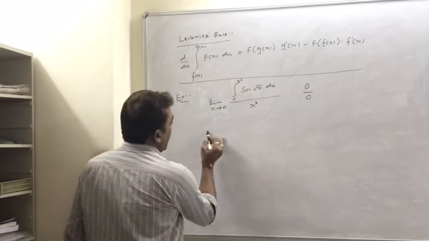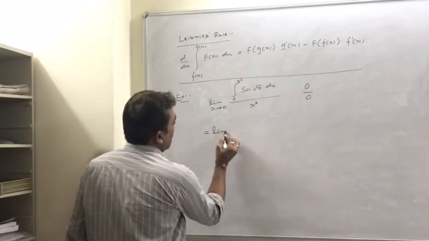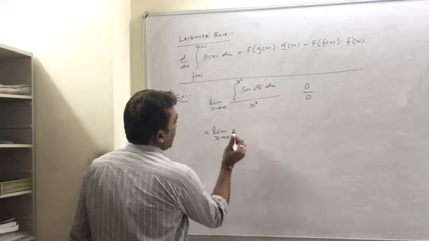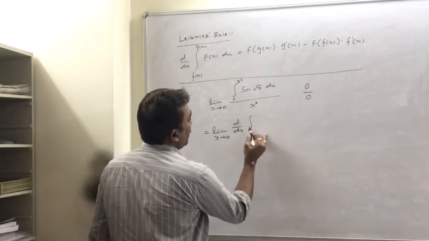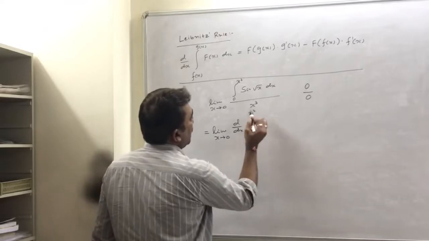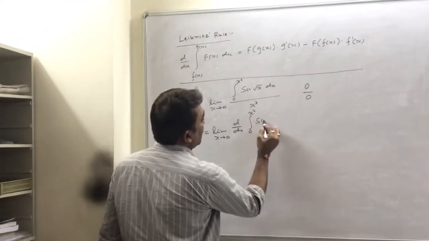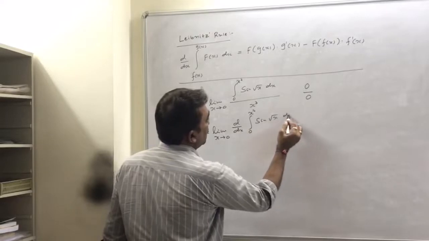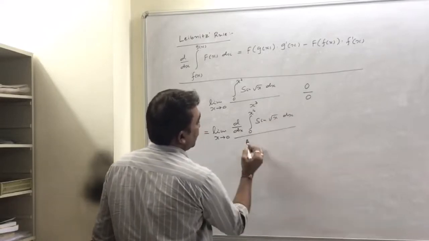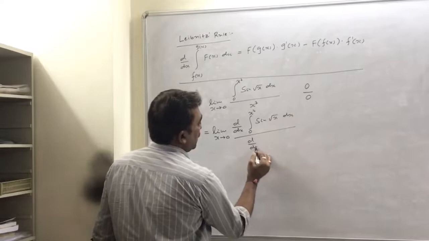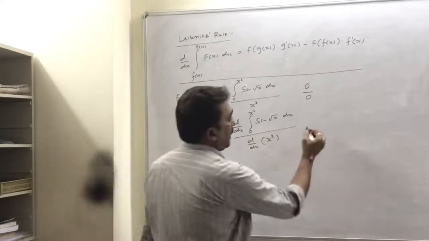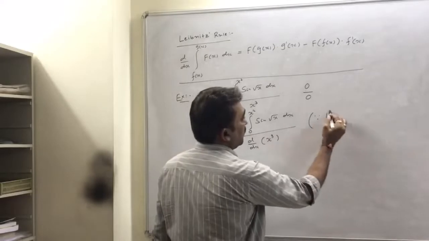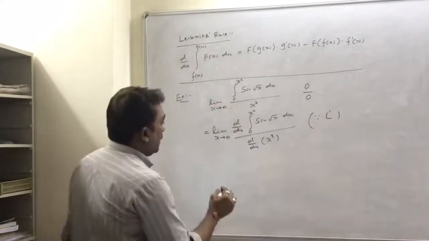And for a 0 upon 0 form we can apply L'Hospital's rule, and therefore we start with limit x tends to 0, d/dx of integral 0 to x square sine root x dx upon d/dx of x cube.